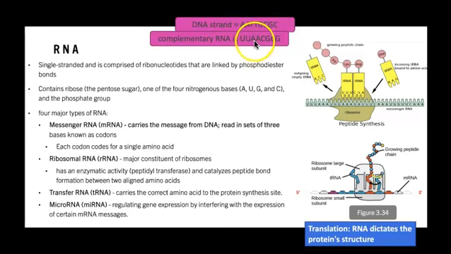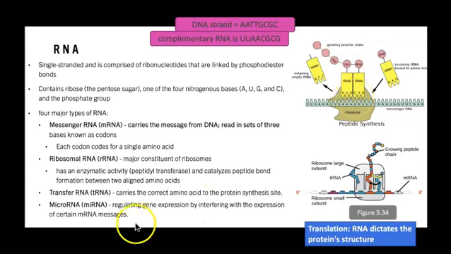The T's would pair up with A's, AA, and then we've got C, G, C, G. And so what we're doing is reading this mRNA strand to match up those tRNAs with the amino acids. Of course, we're going to have the anticodon to what's written on that mRNA strand. And this is called translation.